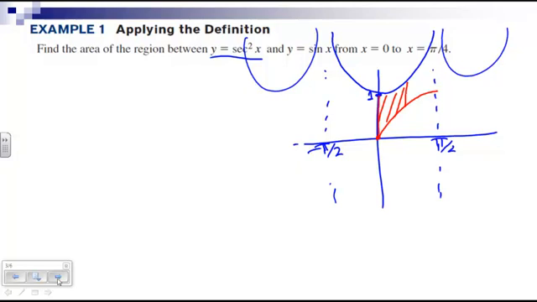But I'm still convinced that secant squared has always got larger values than sine, at least on this interval. So let's write that integral expression, which is going to represent the area between those two curves. Secant squared on top, sine on the bottom.